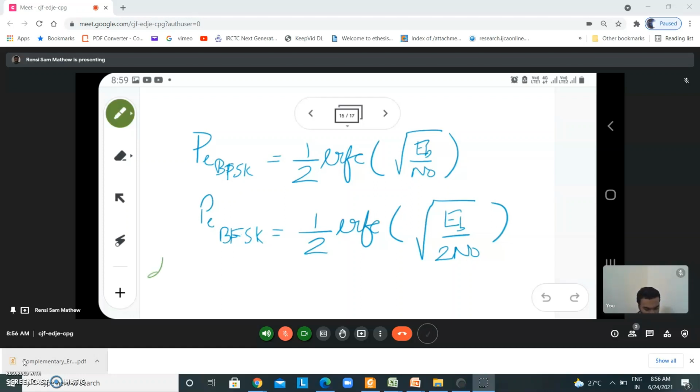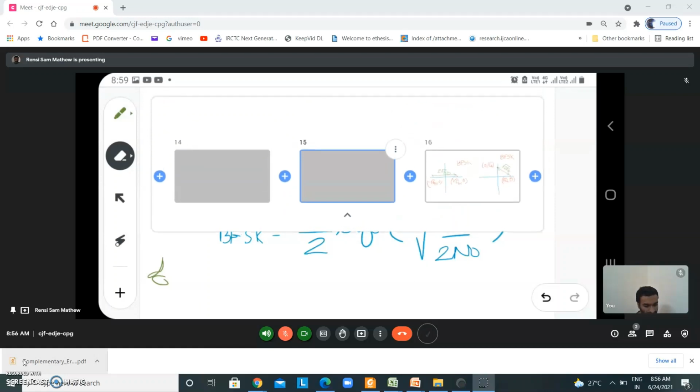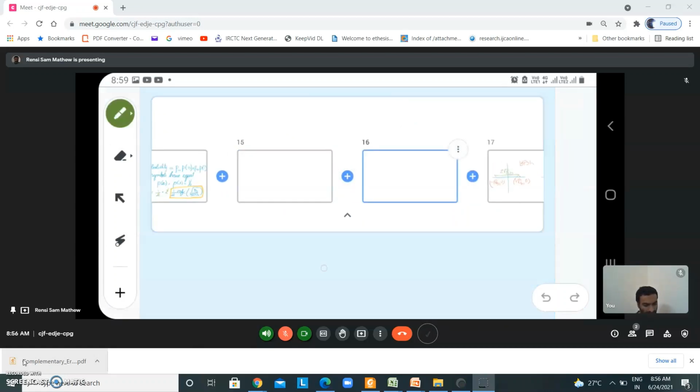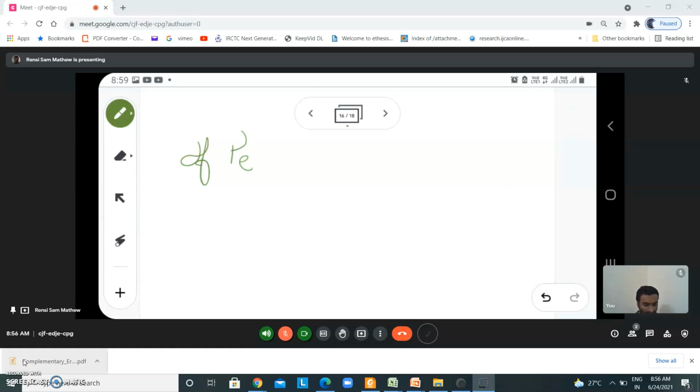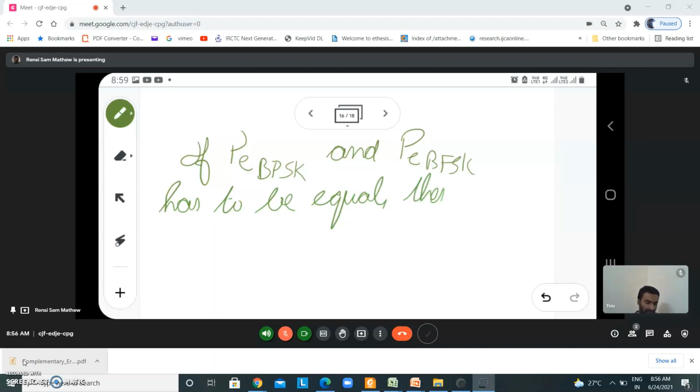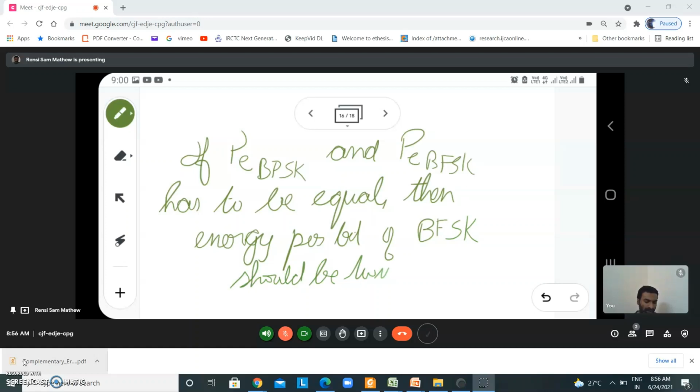Okay. So if the probability of error of BPSK and the probability of error of BFSK has to be equal, then the energy per bit of BFSK should be twice that of the energy per bit of BPSK.